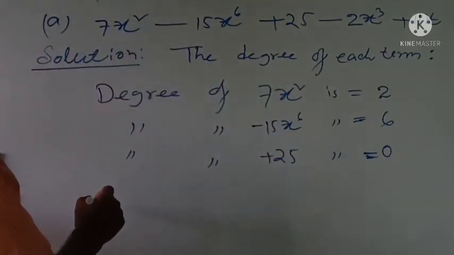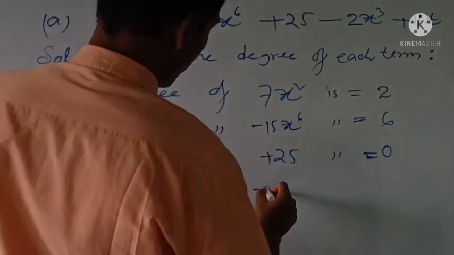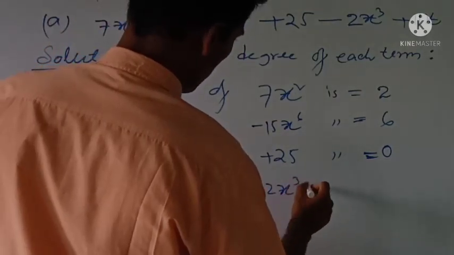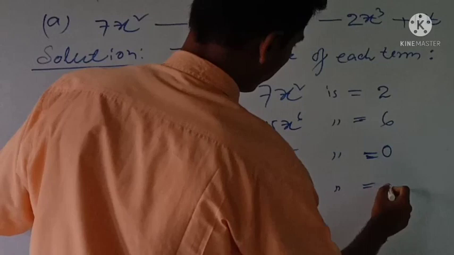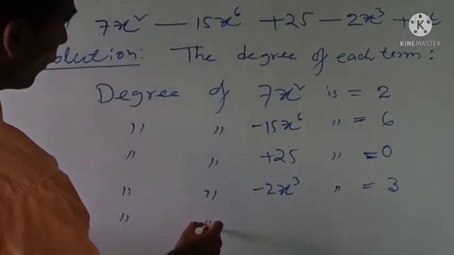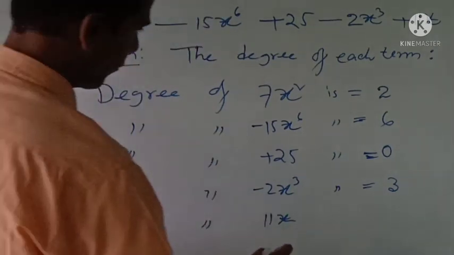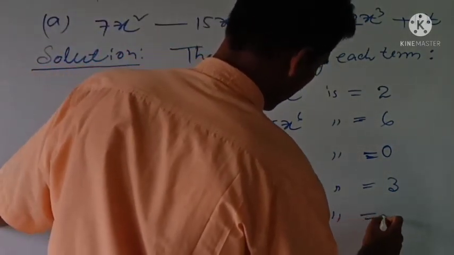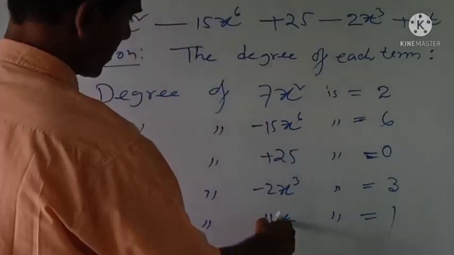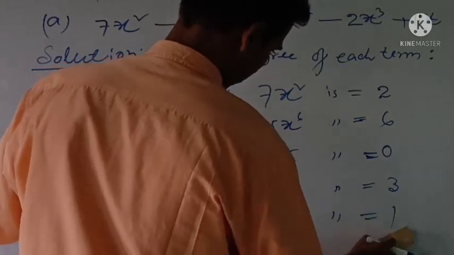Now see, the degree of minus twice x cube is 3, and the degree of 11x is 1. See, x has no power means 1, so the degree is also 1.